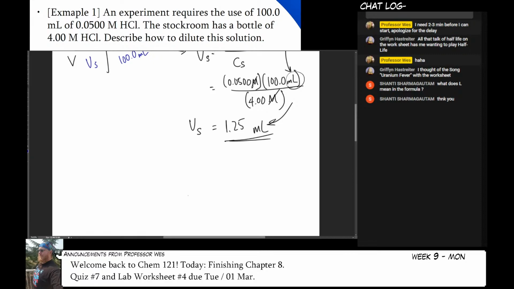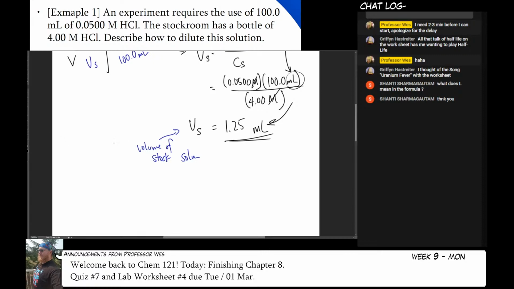So what do I do with this number? So remember that Vs is the volume of the stock solution. And so we need to put that in a container that holds the volume that we want to prepare, and then add the remainder of this as water.